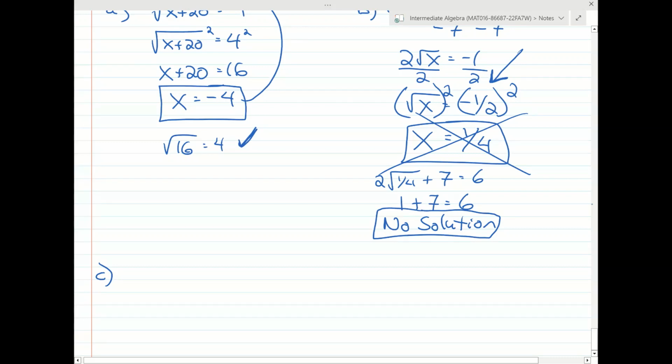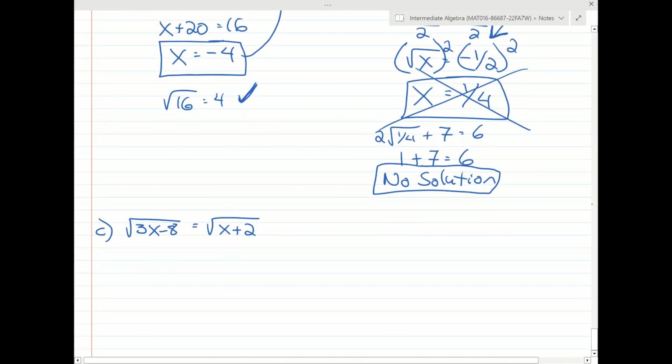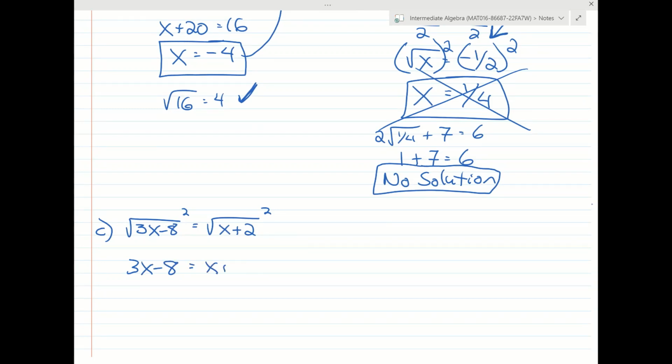What if we had the square root of 3x minus 8 is equal to the square root of x plus 2? Well, let's square both sides. 3x minus 8 is equal to x plus 2.